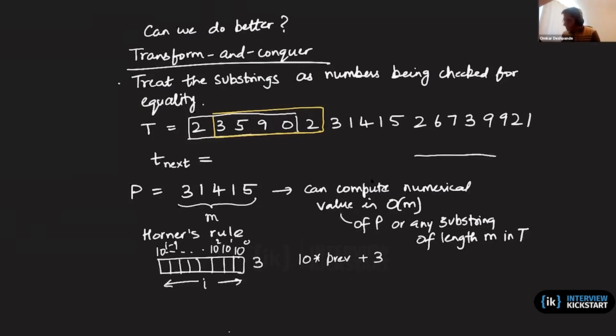If my window was of length m, whatever digit is in the rightmost place would have a place value of 10 to the power 0, this would have a place value of 10 to the power 1, and the leftmost digit would have a place value of 10 to the power m minus 1. So what we need to do is take the numerical value of the entire white window computed by our manager and subtract from it the numerical value of the leftmost digit, which is that leftmost digit times 10 to the power m minus 1.